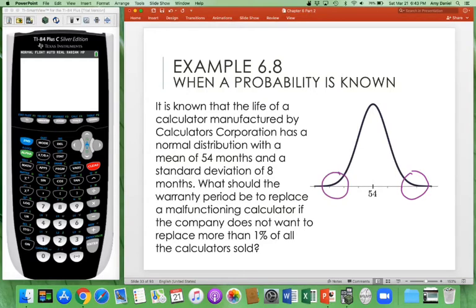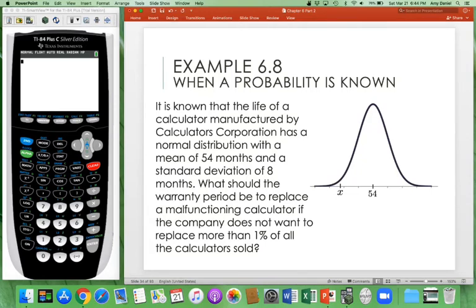They don't want to pick like 84 months and say we're going to replace your calculator at 84 months, because then they would end up replacing the majority of the calculators that they sell. They're going to want to pick a value that's down here on the left somewhere. So I'm going to put my x value down there on the left.